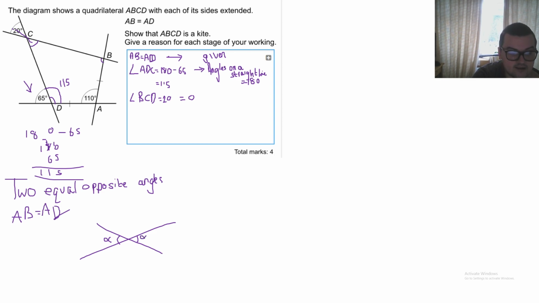So whatever this angle is, that angle is also equal.